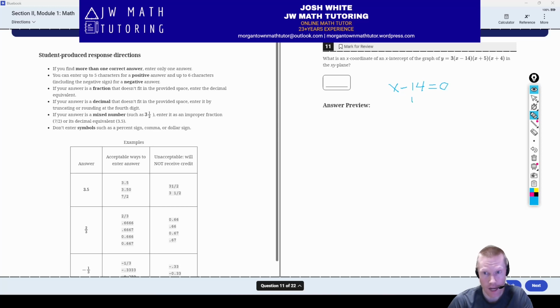You solve that, you add 14 to both sides, and you get x equals 14. So that's one possible answer. And then you do the same with the other two factors, and you're going to get -5 and -4. So there's three different answers you could submit. I'll just submit 14, but again, you could also put -5 and -4.